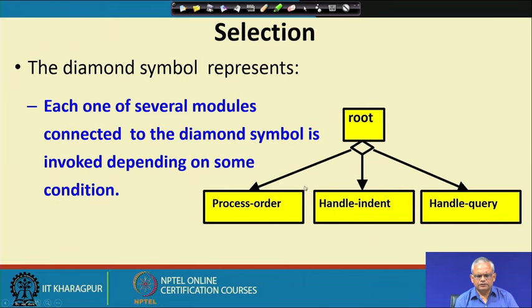There are a few other notations, for example, selection. We draw a diamond here and it indicates selection. So, it will call one of the modules depending on some decision here.